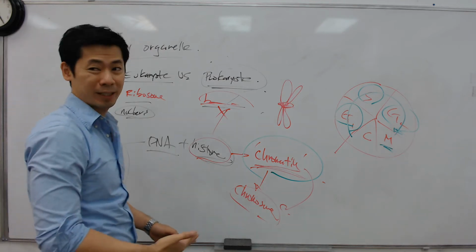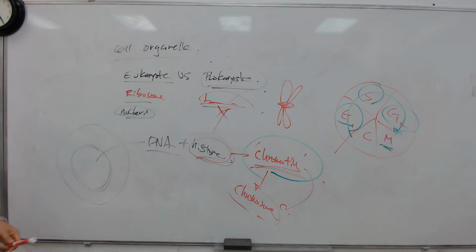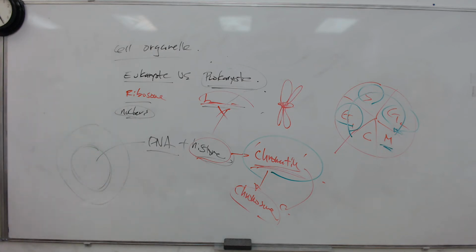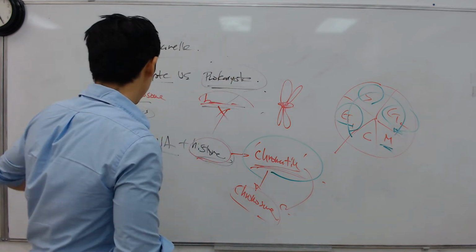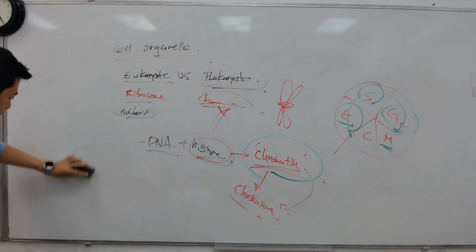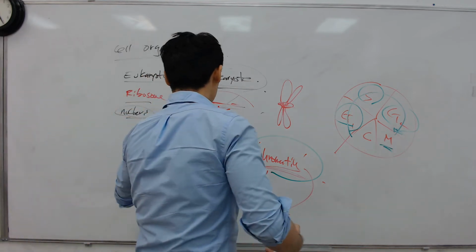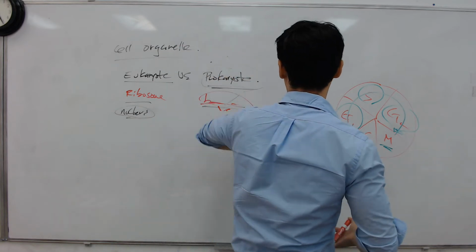So acetylation and methylation of the DNA, and also acetylation of histones, that's some of the stuff you can definitely know for the APs and other exams. But for now, we're just talking about the structures. I'm not going to go too far, we're just skimming the surface right now.